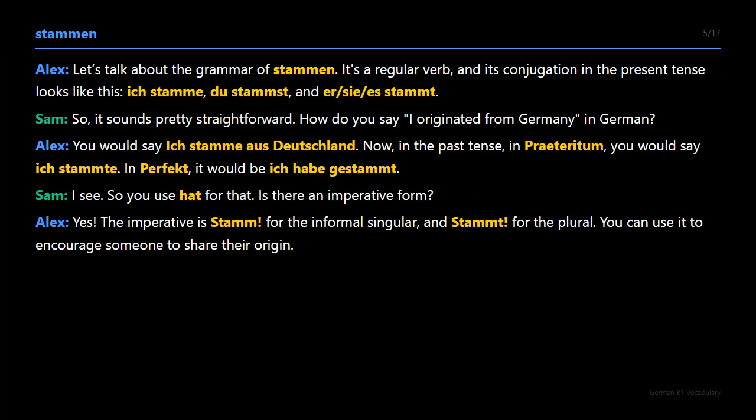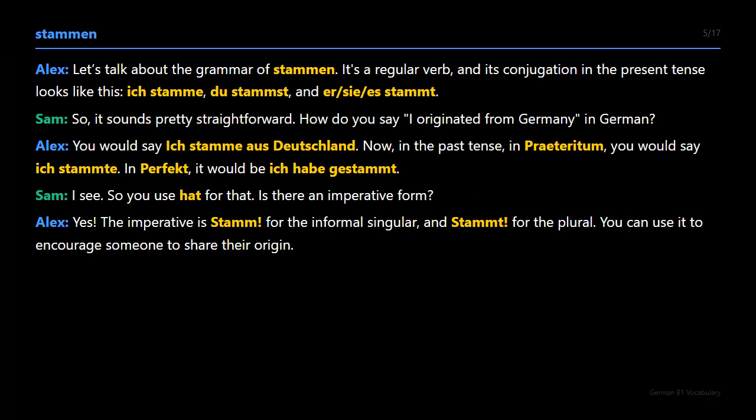So you use hat for that. Is there an imperative form? Yes. The imperative is Stamm for the informal singular, and Stammt for the plural. You can use it to encourage someone to share their origin.